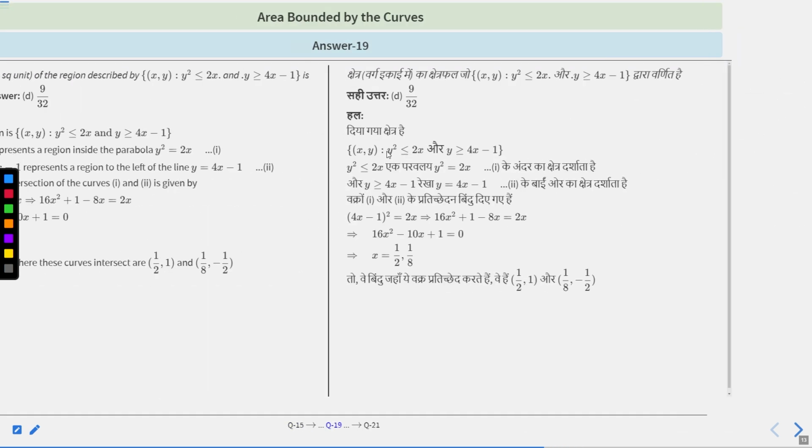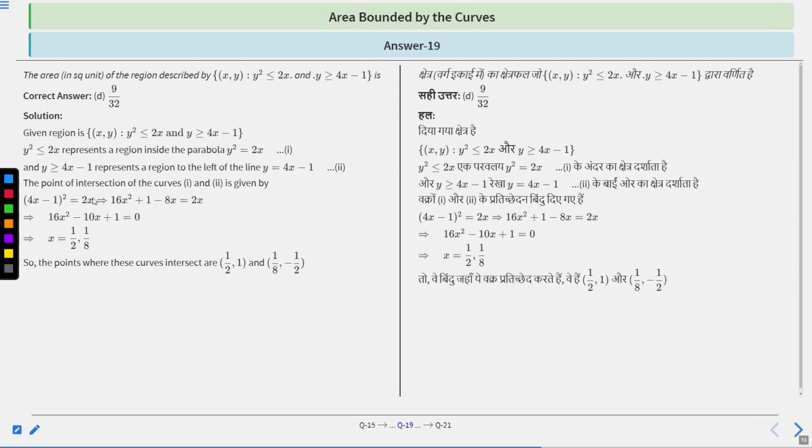Clear? Therefore, the points of intersection of curves 1 and 2 are found when we equate these two equations, and after solving, we get (4x minus 1) whole square is equal to 2x. 16x square plus 1 minus 8x equal to 2x, which forms a quadratic equation in x.